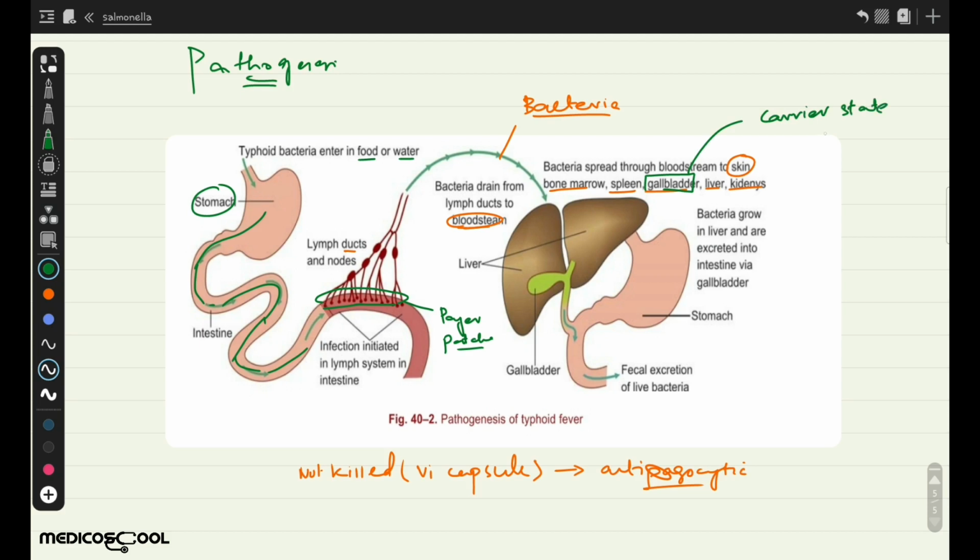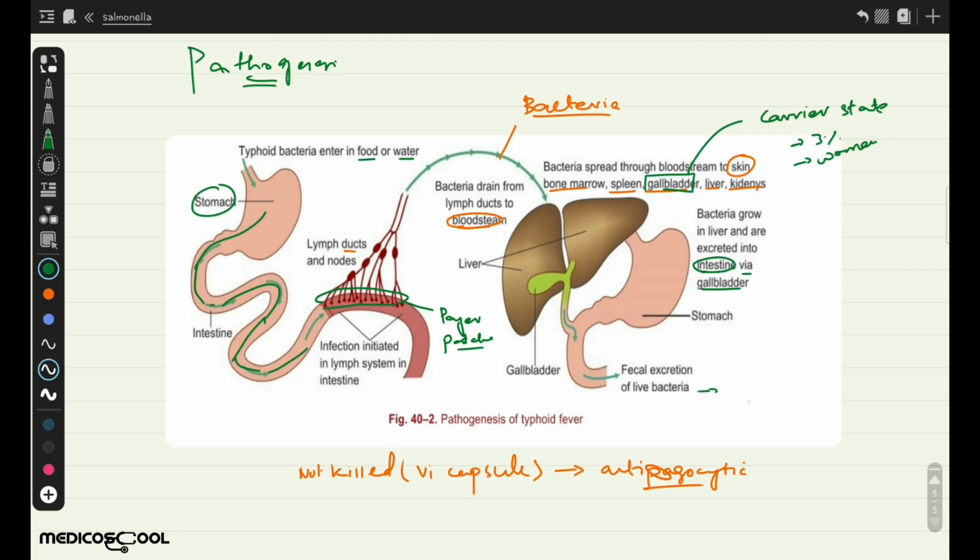And this carrier state appears in about 3% of the patients, and it is mostly present in women having already a gallbladder disease like gallstones, etc. From this gallbladder, it is excreted into the intestine and then via the feces into the external surrounding.